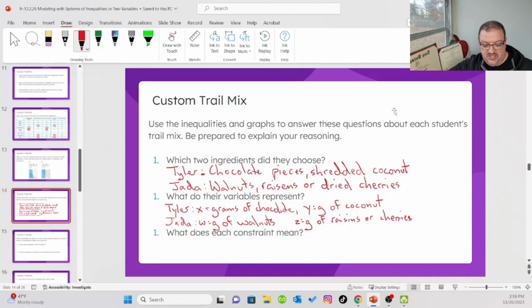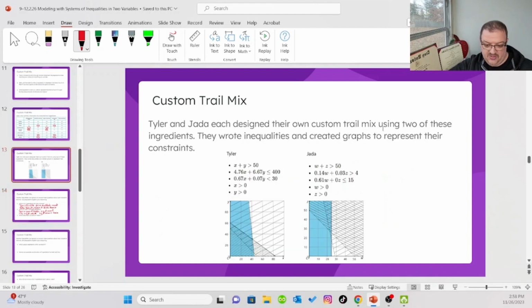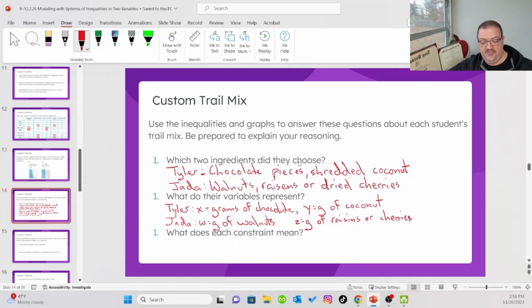What does each constraint mean? So if we look, they first both have x plus y is greater than 50 and w plus z is greater than 50. That means there are more than 50 total grams of ingredients.